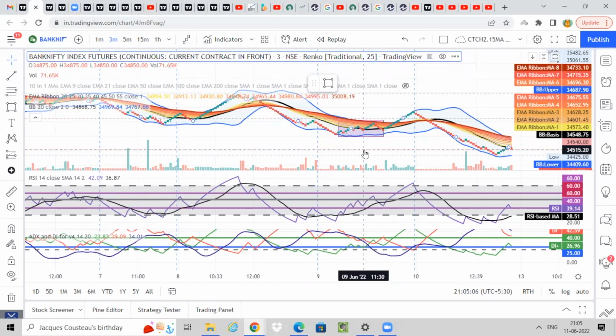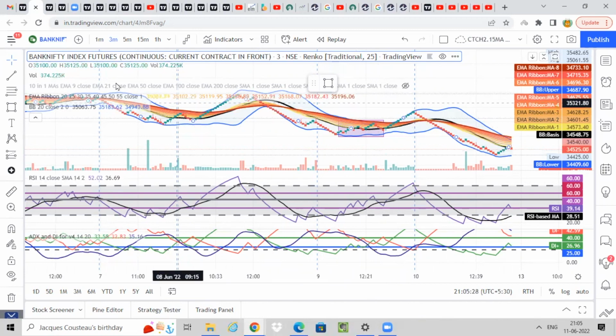If you look at the moving averages also, you will see that... Wait, there is something. Can you open this 10 in 1 also, moving averages?